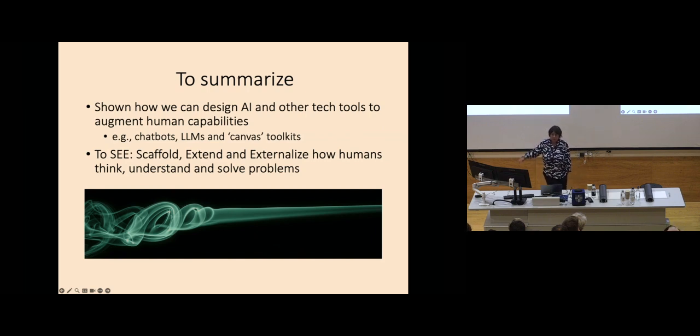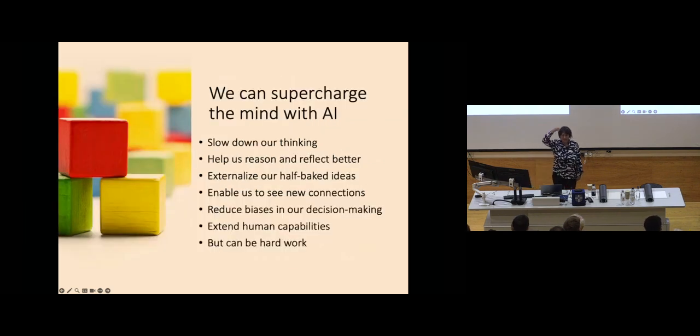And I've tried to show you the framing that I've used to do this, inspired by theories in behavioral science and neuroscience and cognitive psychology, how we might scaffold, extend, and externalize how humans think, understand, and solve problems.